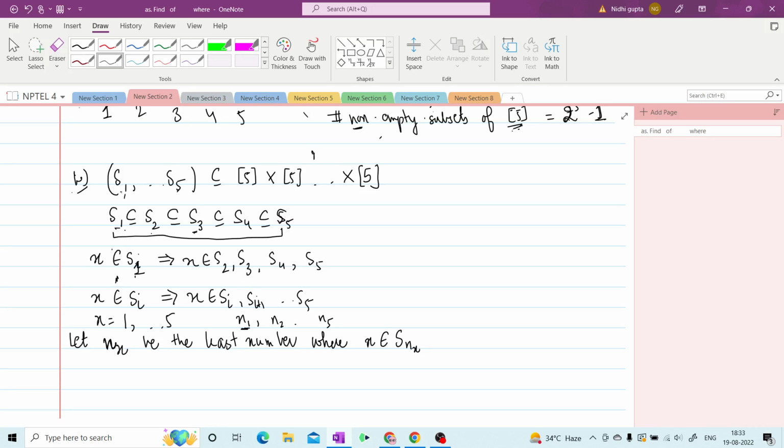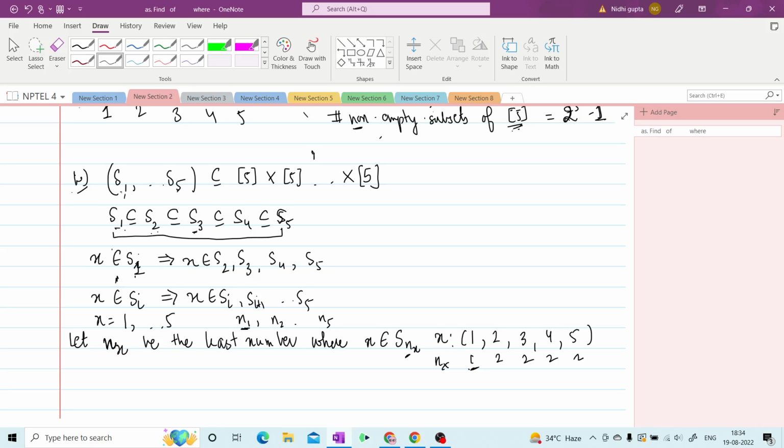Because if we know the least number, so if we have 1 2 3 4 5 as x, and our nx is some random numbers, say 1 2 2 2 2, then I am giving the first subset where x is going to.